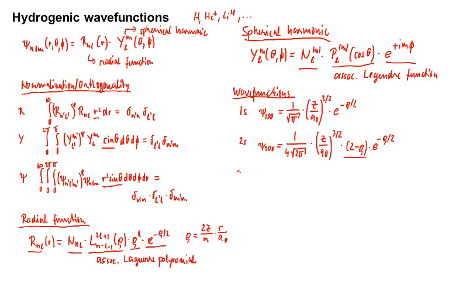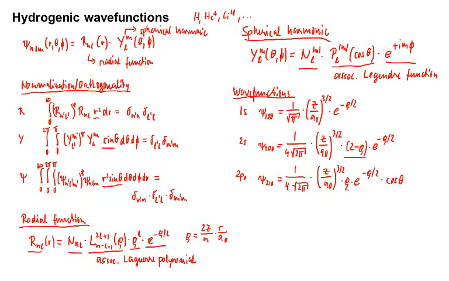Next, the 2p0 function. Psi 2,1,0 equals 1 over 4 times the square root of 2 pi times (Z over a0) to the power of 3/2 times rho times e to the negative rho over 2 times the cosine of theta. For rho equals 0, this function is 0.